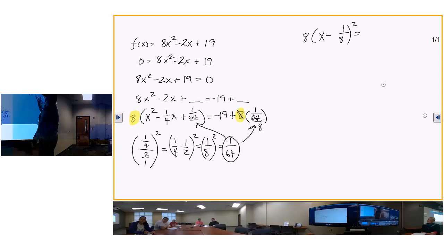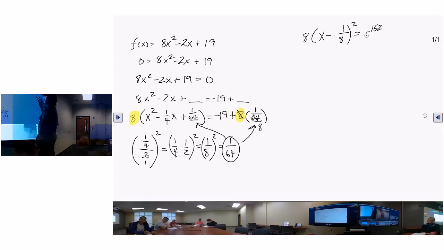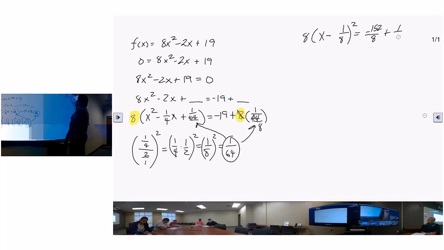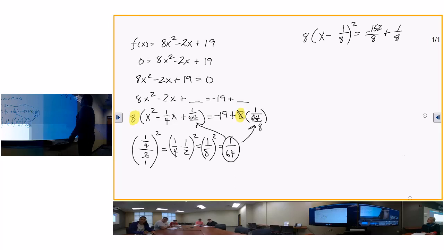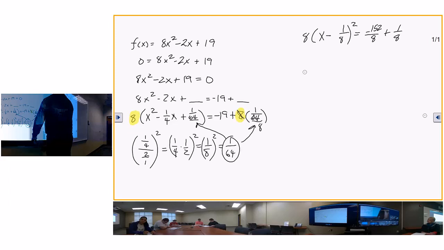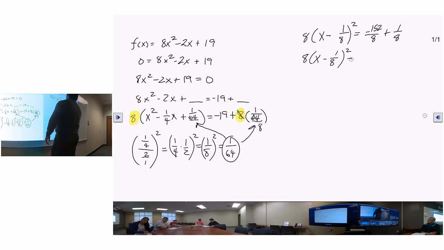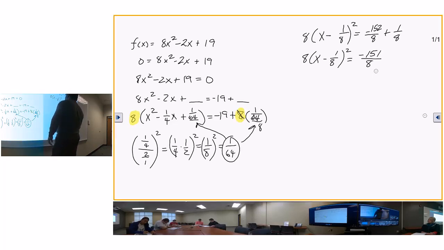Okay, so that's negative 152 over 8 plus 1 over 8. Is that right? Yep. Which doesn't make any difference because that means we have no x-intercepts, because this is a positive and it's not going to help us. So x minus 1/8 quantity squared is equal to negative 151 over 8.